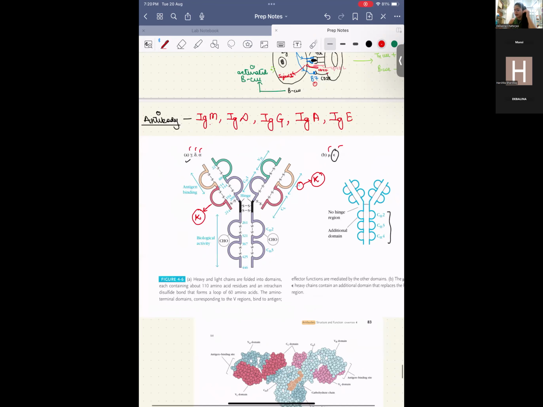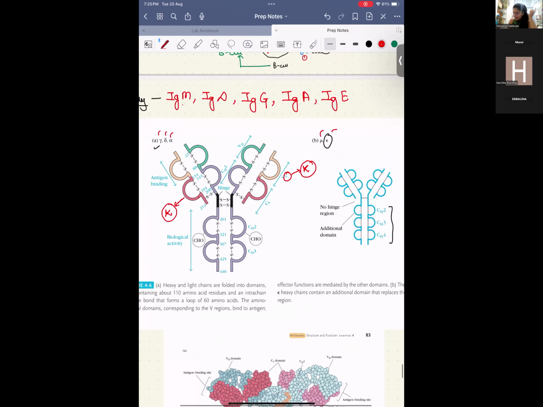But again, both heavy chains can only be of the same type. It is never that you will have one mu chain and one epsilon chain, or random combinations like that.